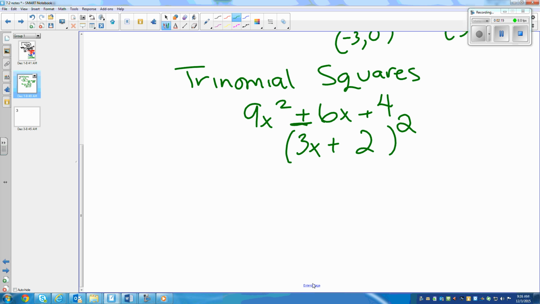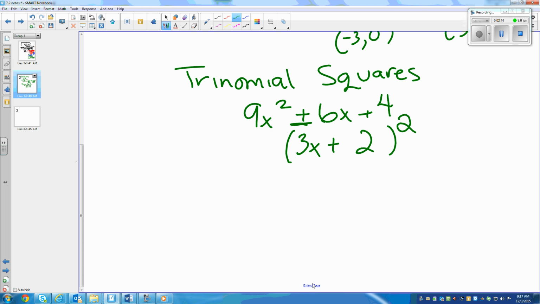When you multiply them, 3 times 2 is 6. Oh, I think you had to double it. This might not be a trinomial square. That goes in the middle. And then what happens is you take the square root of the front, the square root of the back, and you put the sign that's in the middle one, in the middle, and you put a square.